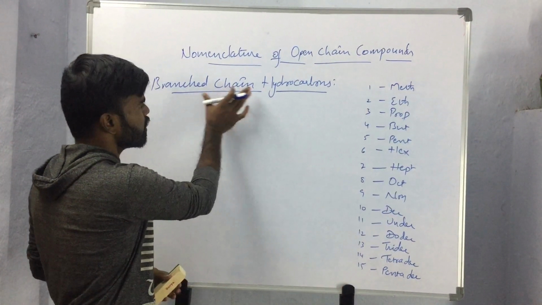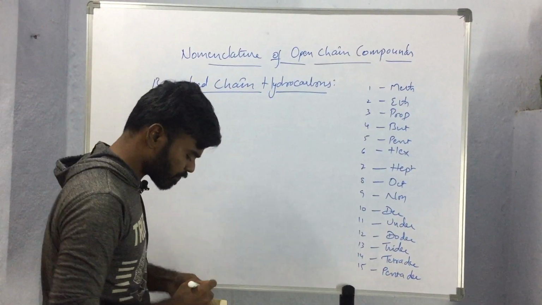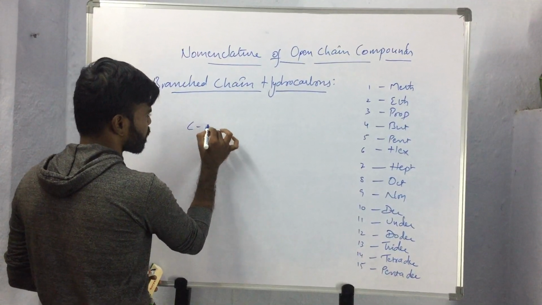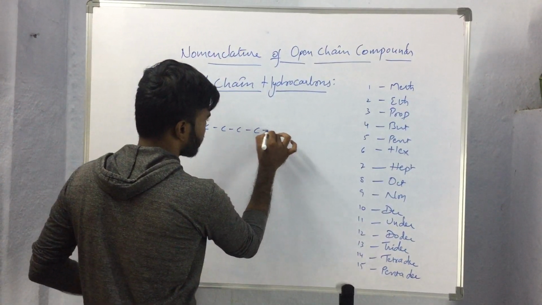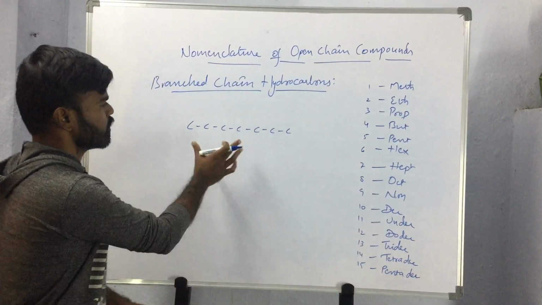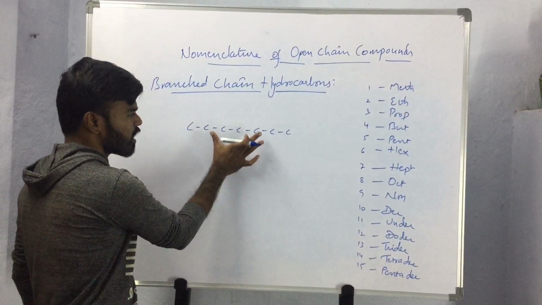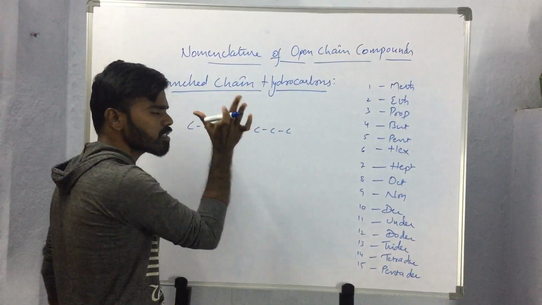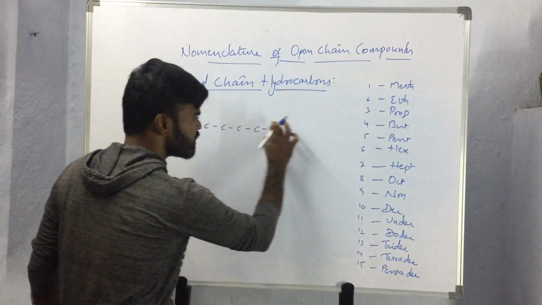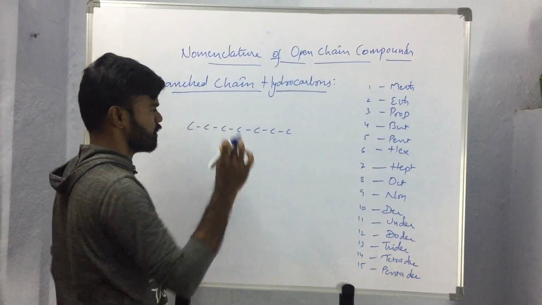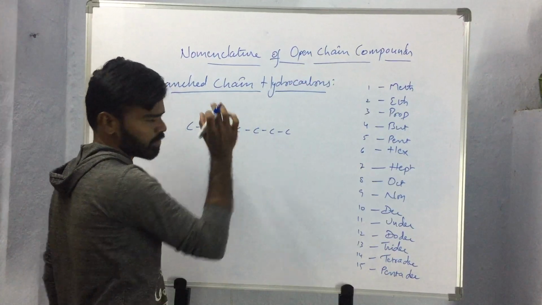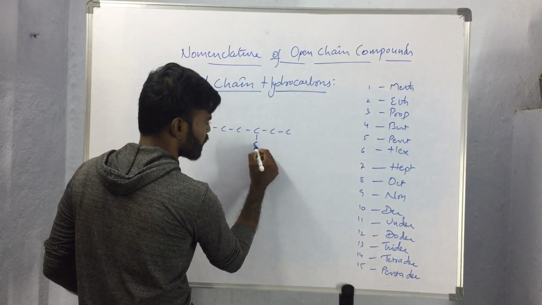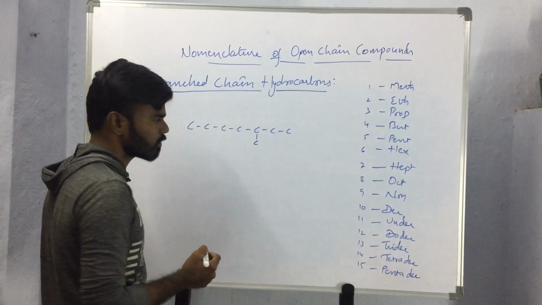Now coming to branched chain hydrocarbons, let us consider one example. This is a straight chain compound. That means it does not have any substituents. Any of the carbons of this compound contains no substituent. Let us say, for example, this carbon atom has a substituent.